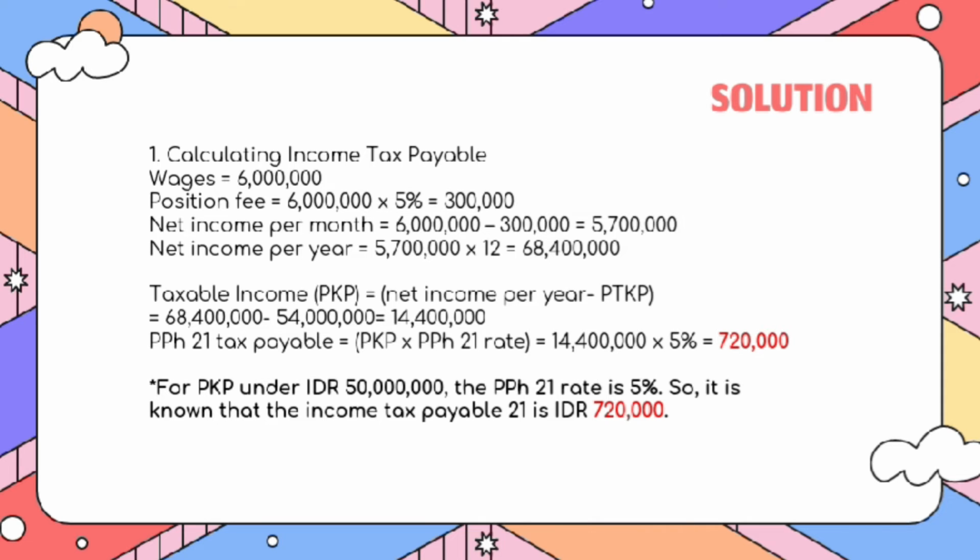We got 5,700,000. And net income per year, 5,700,000 multiplied with 12 months because it's for a year. So the total is 68,400,000.